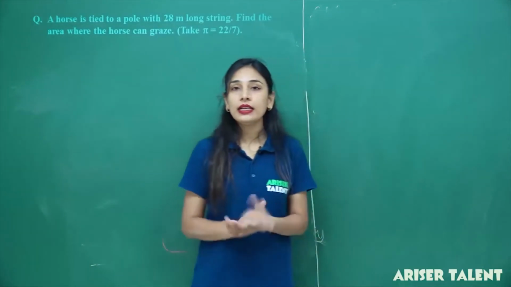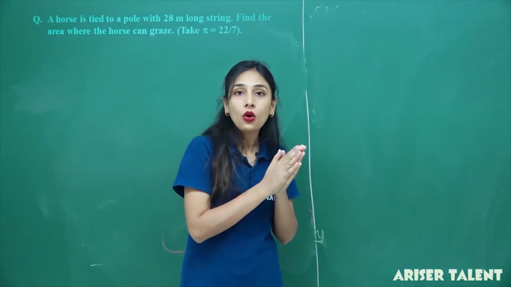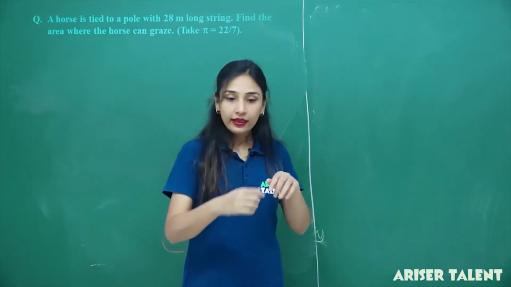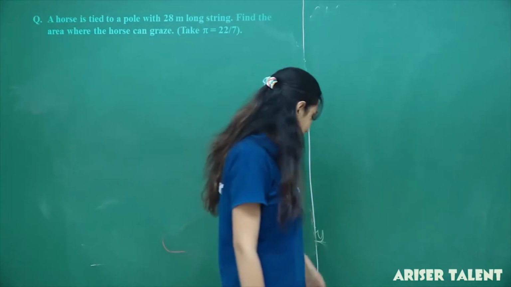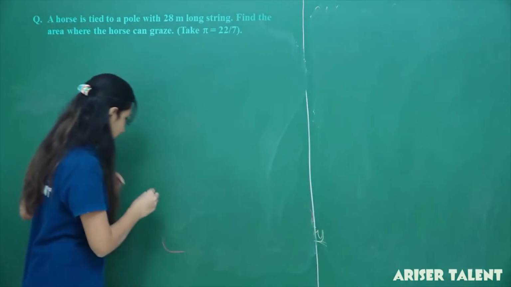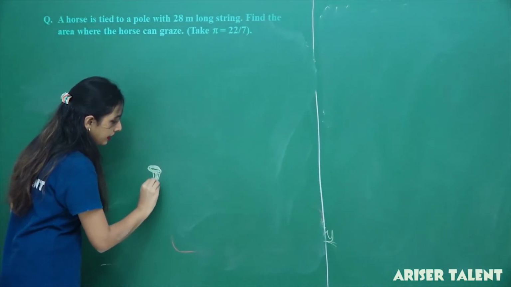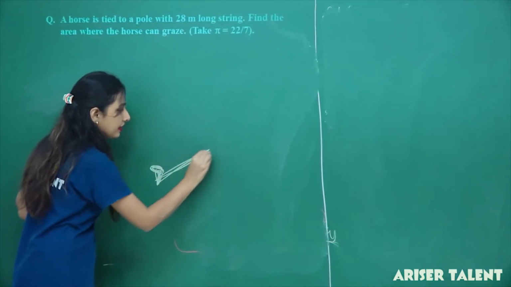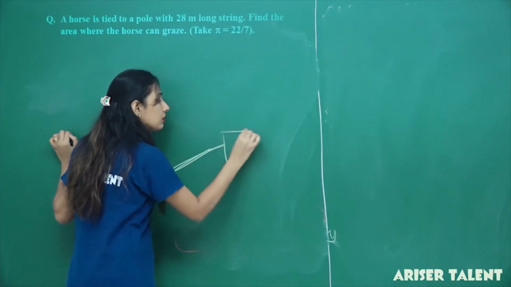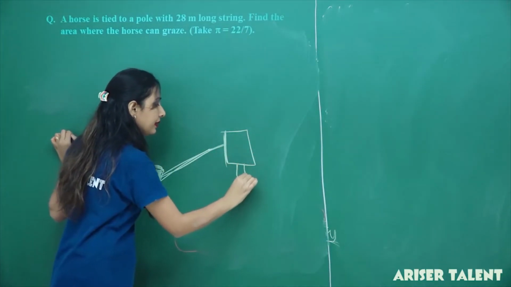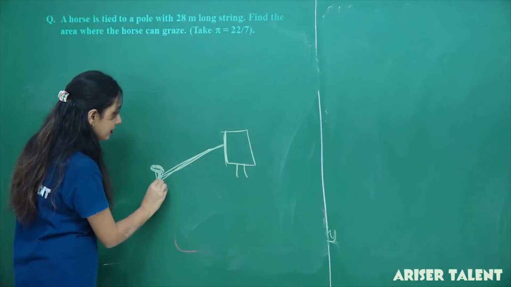Students, in your day-to-day life, you will see cows and buffaloes and horses tied by a string to a particular pole. The pole or nail is here and this string is there, and let's suppose some buffalo, cow or horse is here.